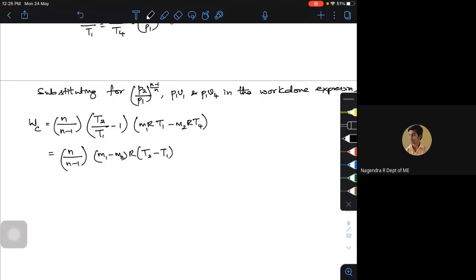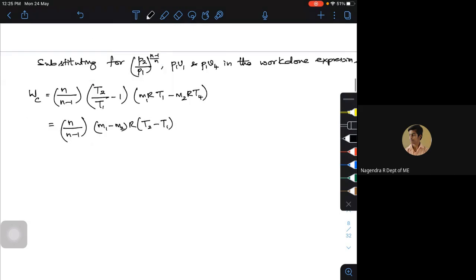So M1 minus M2 into R into T2 minus T1. What is this M1 minus M2? If M is equal to M1 minus M2, that is the mass of air inside. So this will become n by n minus 1 into M into R into T2 minus T1.